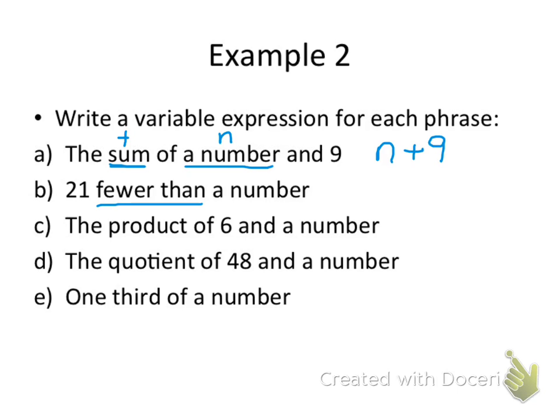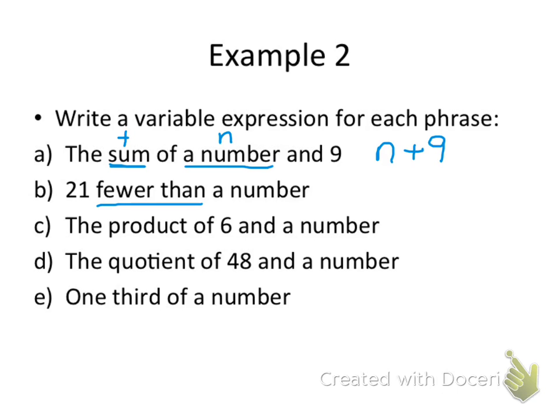So we know that fewer than means subtraction, and if we read it left to right, we have 21 minus n. However, the phrase fewer than indicates that 21 is smaller than the number. So the number's the first one.